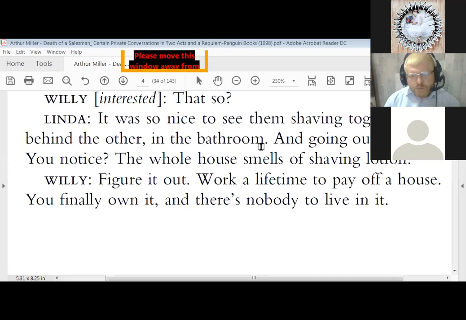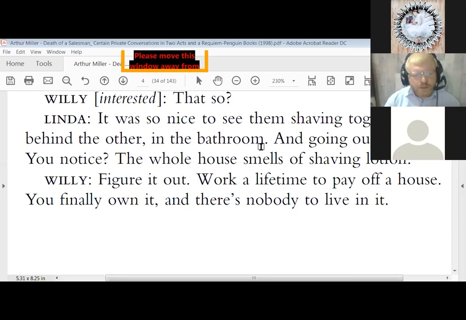When they woke up in the morning, they were shaving together, just like they used to do in the past, one after another. So what Linda is joyful about is the memory. It's not that this moment is beautiful, but rather it is a reminder of a beautiful moment that they used to live.